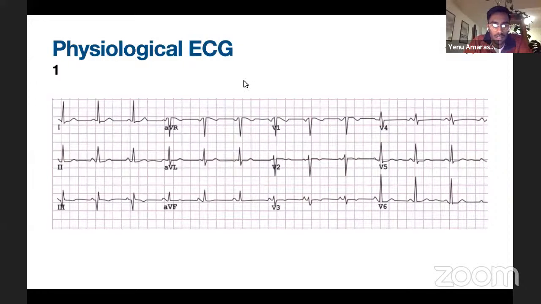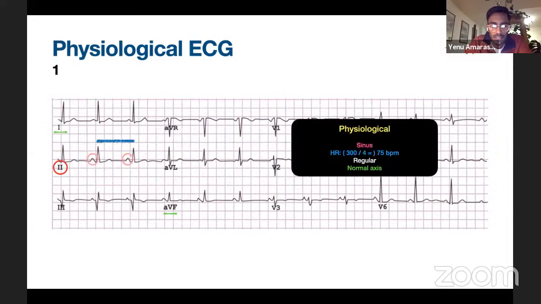Okay, so these are the answers to the first ECG I just showed. The first thing to check, if it was given, would be the speed, and then you generally check lead 2, because lead 2 is known as the rhythm strip.